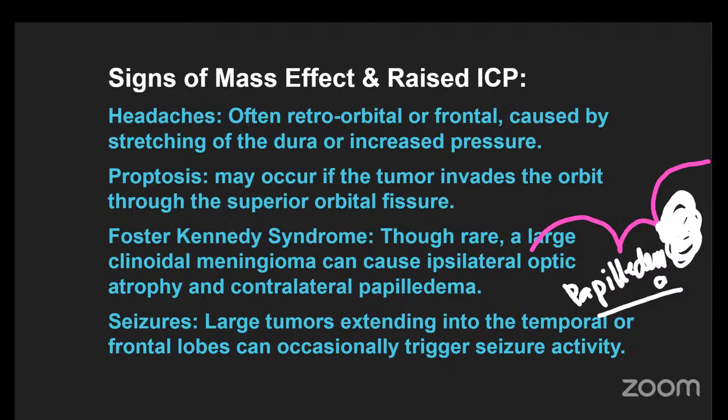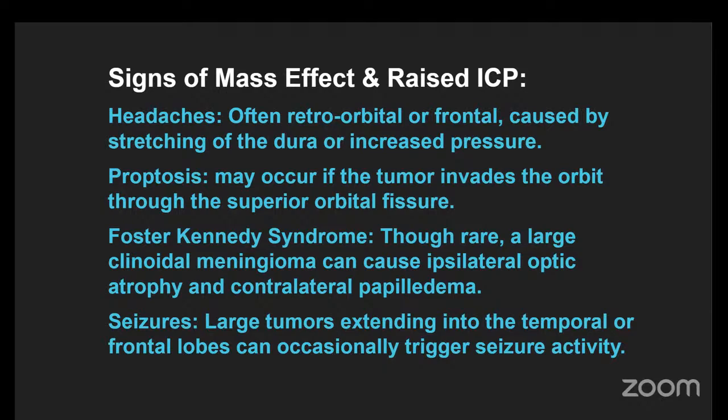But if you're an exam candidate, I would leave a PS. It's wise enough to not mention Foster Kennedy syndrome while you're discussing clinoidal meningiomas. But yes, you can always say that there can be ipsilateral optic atrophy and contralateral papilledema. That is justifiable.